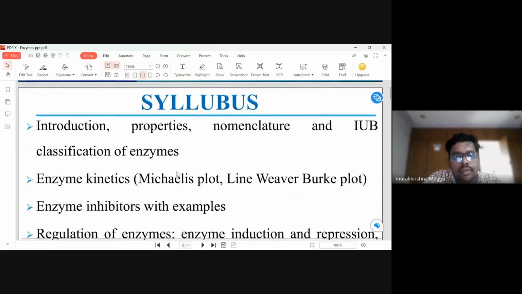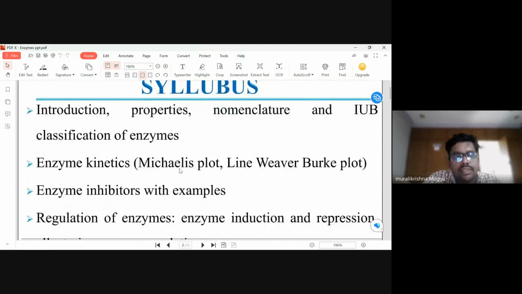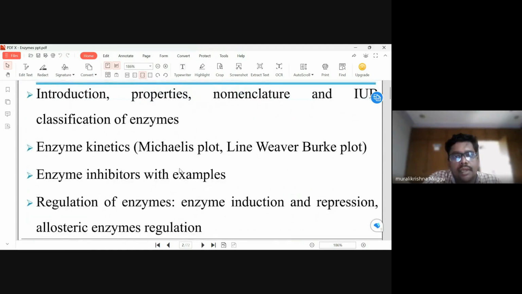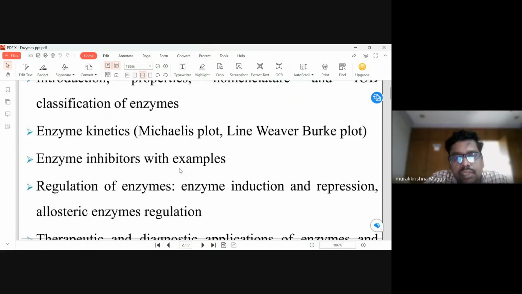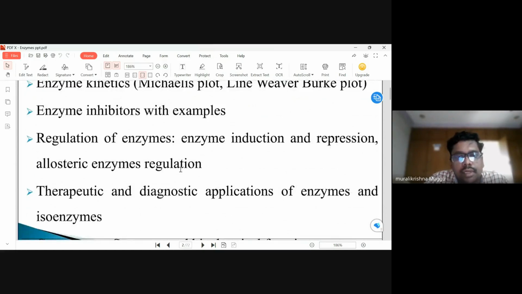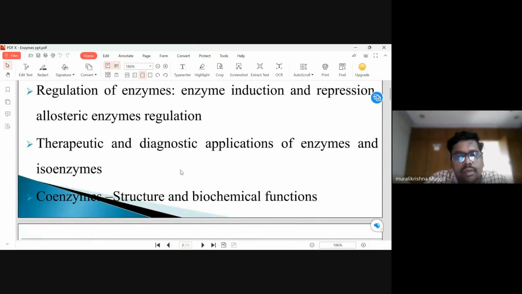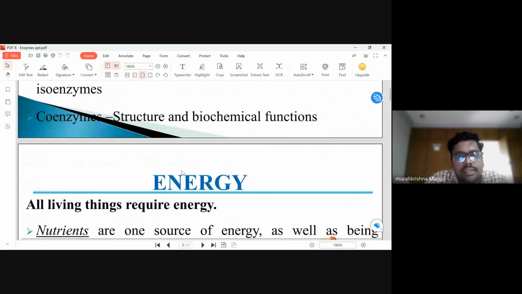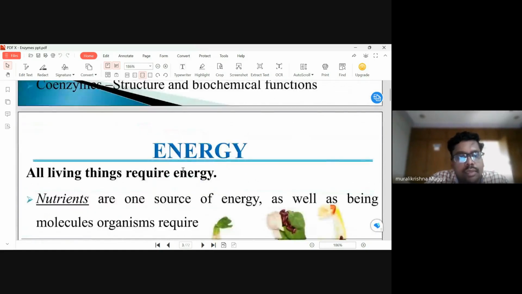In the syllabus of biochemistry for B.Pharmacy 1.2: introduction, properties, nomenclature, IUB classification of enzymes, enzyme kinetics, Michaelis Menten plot, Lineweaver Burk plot, enzyme inhibitors with examples, regulation of enzymes, enzyme induction and repression, allosteric enzymes regulation, therapeutic and diagnostic applications of enzymes and isoenzymes, coenzyme structure and biochemical functions. These are the syllabus in the first year from biochemistry.